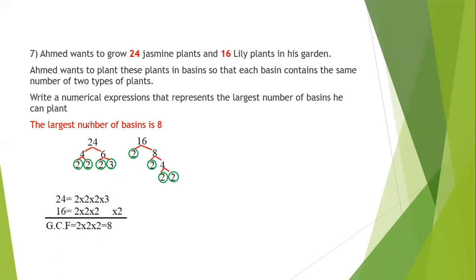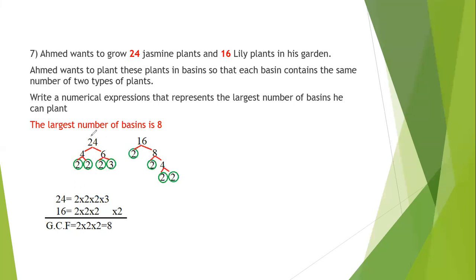Ahmed wants to grow 23 jasmine plants and 16 lily plants in his garden. Ahmed wants to plant these plants in basins so that each basin contains the same number of the two types of plants. Write the numerical expressions that represent the largest number of basins he can plant. The largest number of basins, let's get it, 24 and 16.